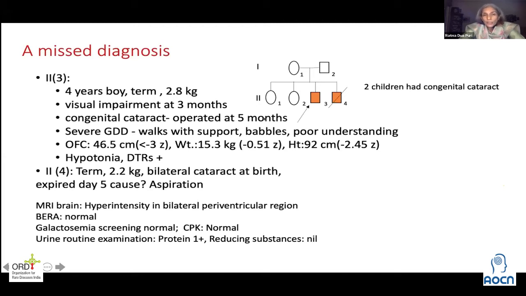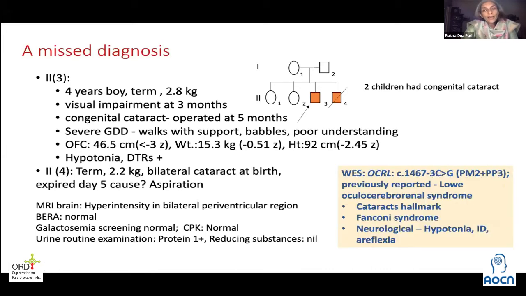But at that point in time, because there was no obvious delay, he had not been evaluated, and there was no family history. Over a period of time, he had severe global developmental delay, and he also had failure to thrive. His brain MRI had shown hyperintensities in the periventricular regions, and the rest of the investigations which you do for cataract were normal.